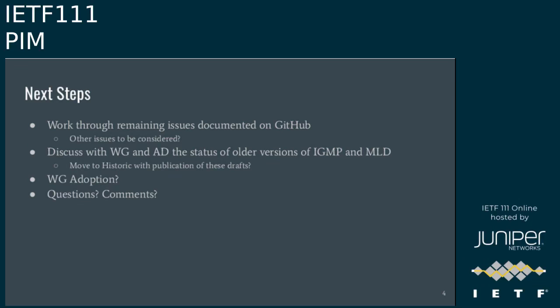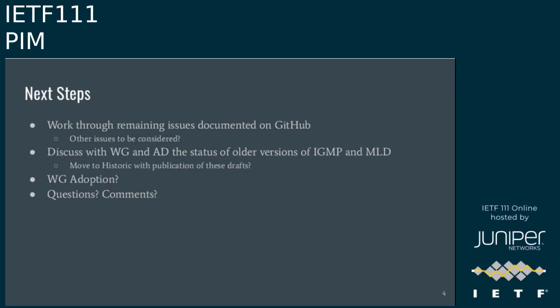Yeah, in all the sessions I attended, we did not discuss the relationship with the lightweight versions, and I think those are valid issues to add to the issue tracker so that we can actually look at that. Because part of what we have to decide, and the slides allude to it a little bit, is what do we want to do with the actual older versions of IGMP and MLD.